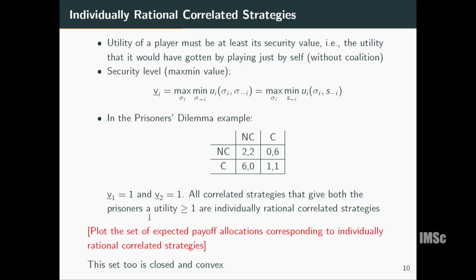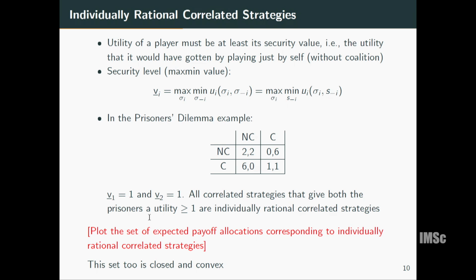If I play NC, the minimum utility that I can derive is 0. If I play C, the minimum utility that I can derive is 1. Then I maximize my minimum utility. So in this case my Vi lower bar will be 1.